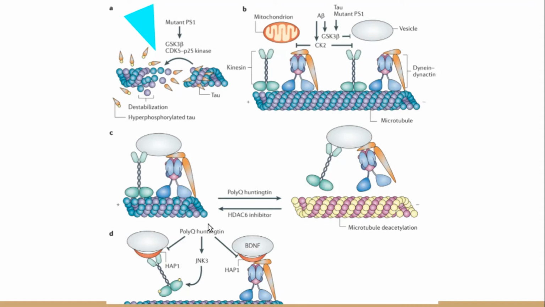And this results in the activation of stress signaling pathways like our GSK3 beta. GSK3 beta, again, is known to phosphorylate and inactivate kinesin and dynein-mediated transport. Thus, amyloid beta accumulation due to PS1 mutations or other amyloid beta-associated mutations will upregulate GSK3 beta stress signaling, and this inhibits transport.